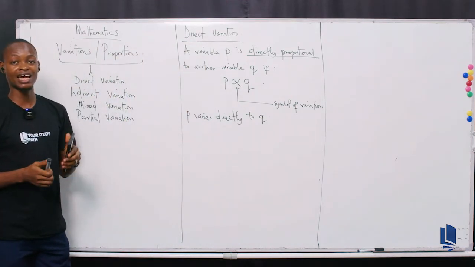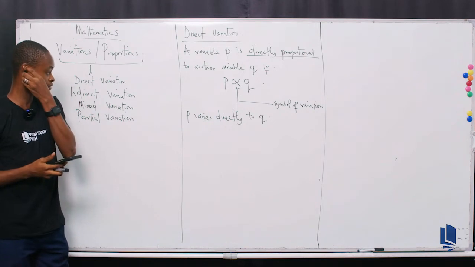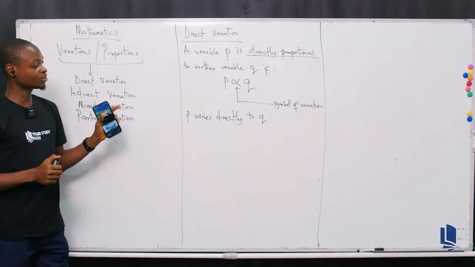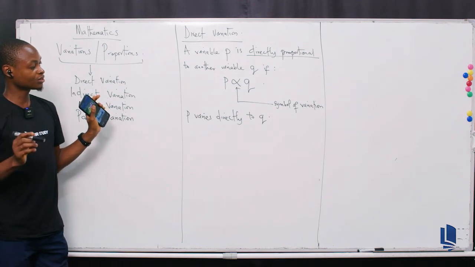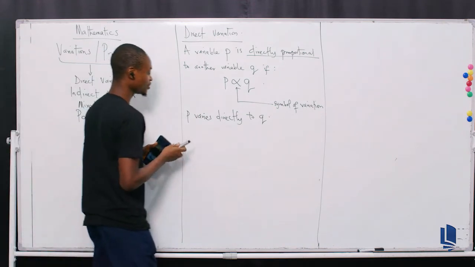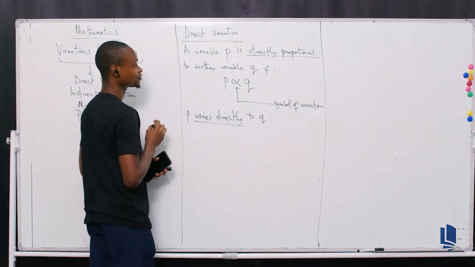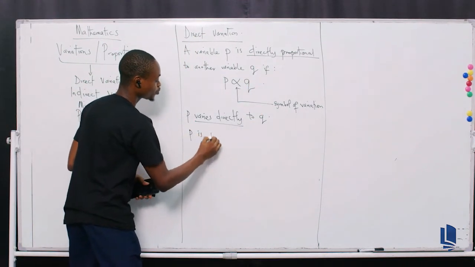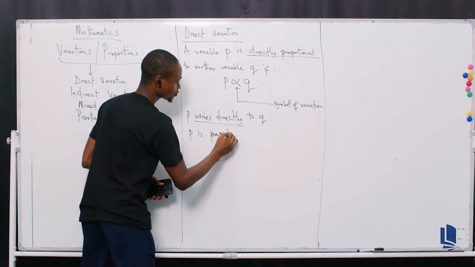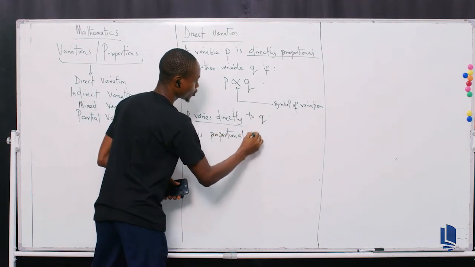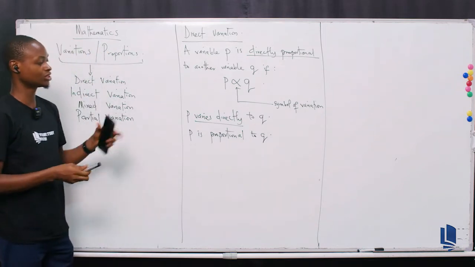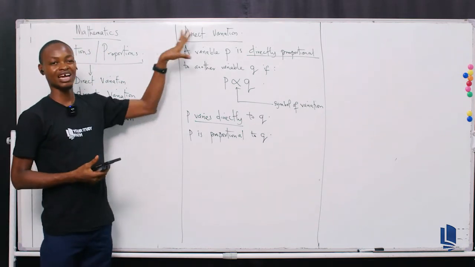P varies directly to Q. Similarly, whether you see it as varies directly, or directly proportional, or P is proportional to Q, any of these wordings is talking about direct variation.